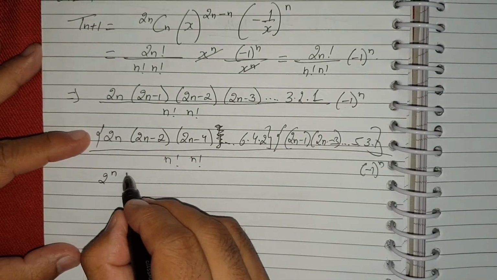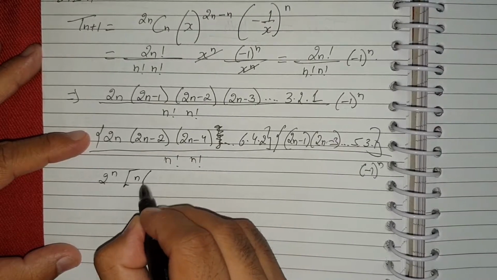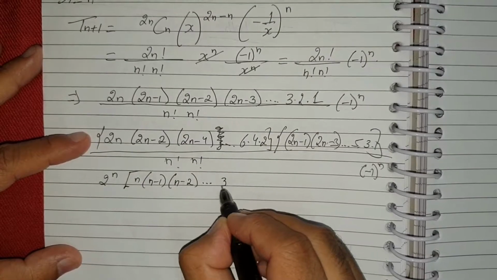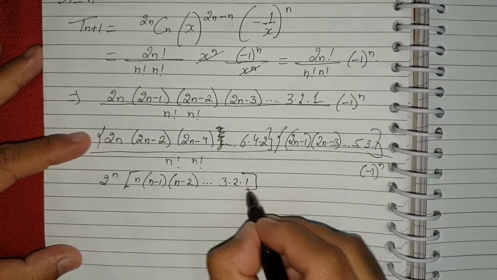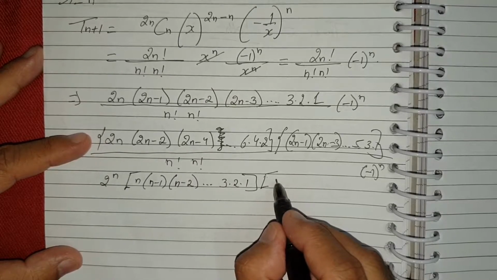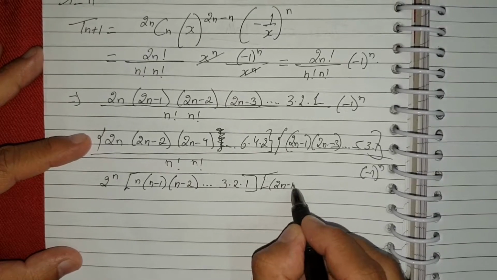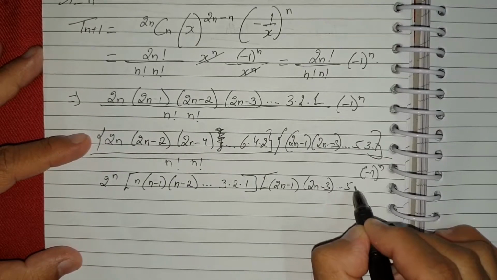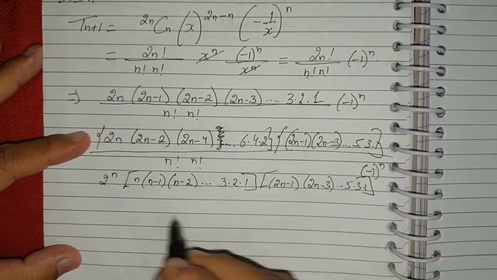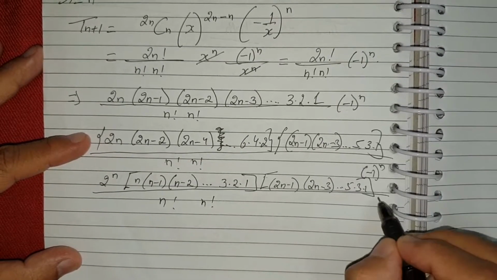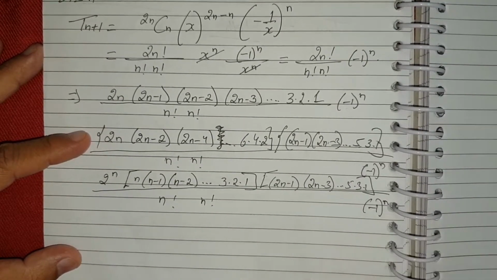This will be n, n minus 1, n minus 2 and so on up to 3, 2, 1, and this will be 2n minus 1, 2n minus 3 and so on up to 5, 3, 1, to the whole upon n factorial, and this was minus 1 to the power n.